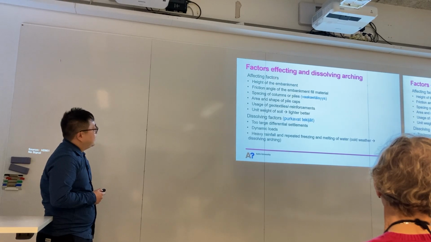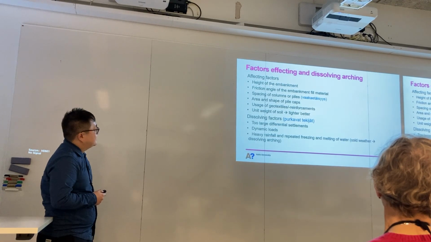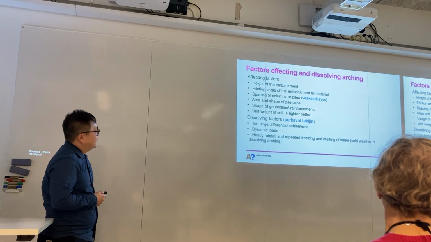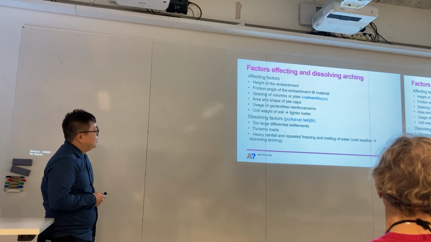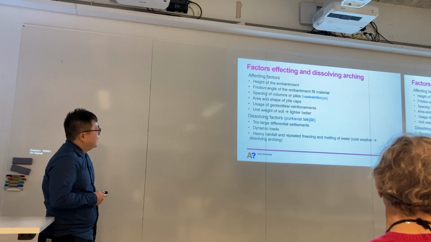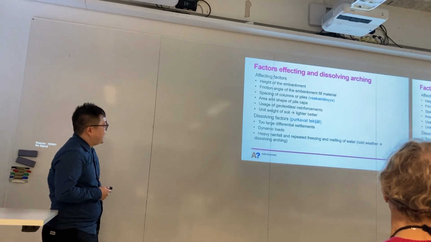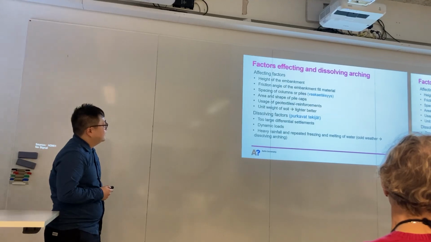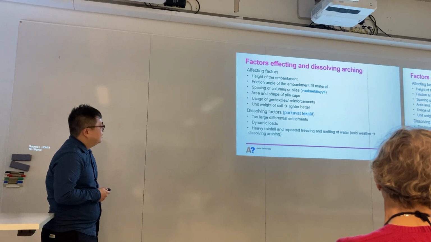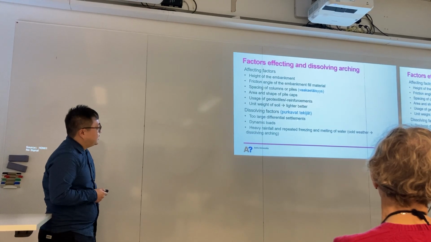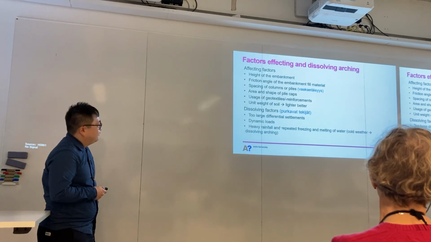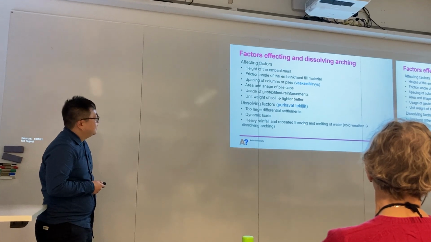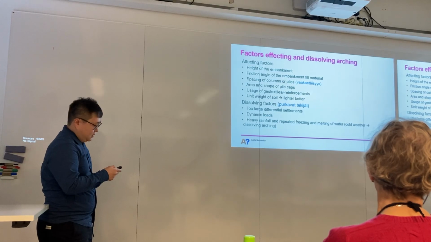The affecting factors include the height of the embankment, the friction angle, the space between the piles and the shape of the pile caps. Also, too large differential settlements and dynamic loads, even heavy rainfall and repeated freezing, will dissolve the arching.